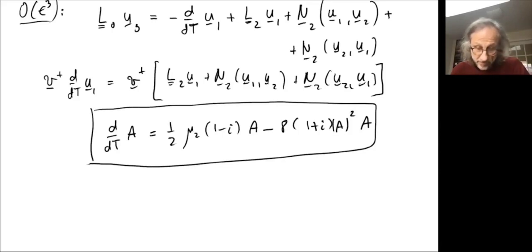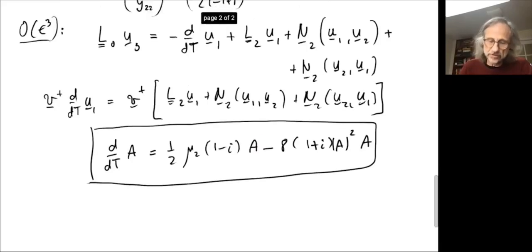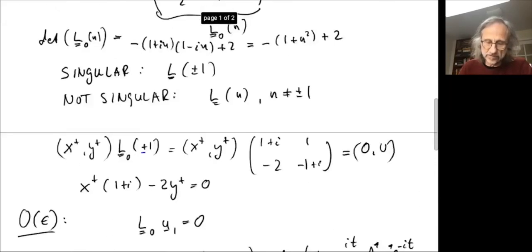This is a fine equation in the sense that, as it should be, when mu is 0, meaning when mu2 is 0, the linear term vanishes. Wait a minute, should it vanish? It has a frequency, right? It's a Hopf bifurcation. So it didn't vanish in a center manifold calculation. There it had like an i. Well, the point is A is the amplitude of the term oscillating with the frequency 1.